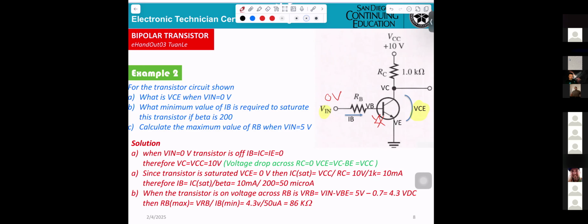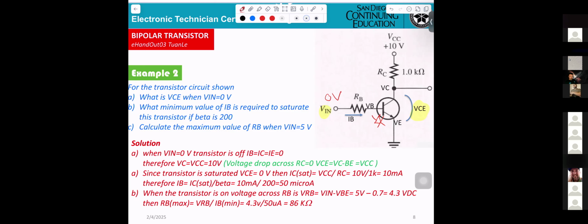That means the diode from base to emitter will be off. Off means they will be open. When they open, then no current can flow. IB, IC, IE will be 0. Transistor open.